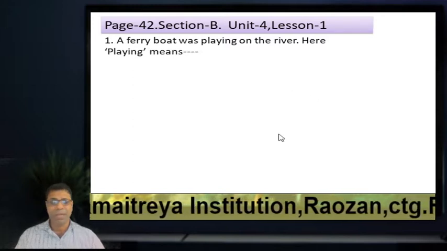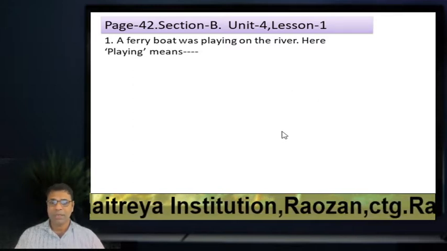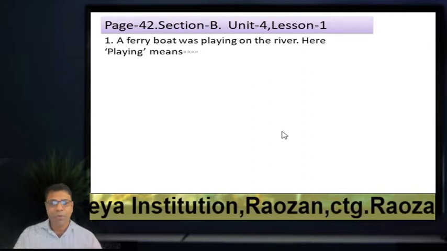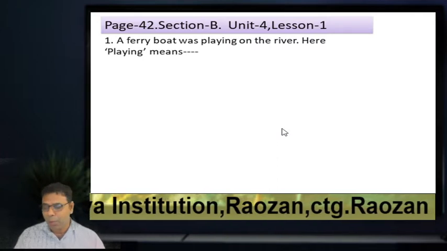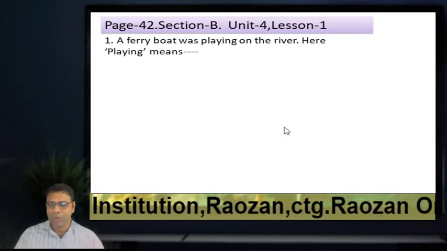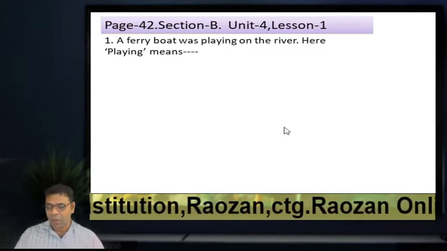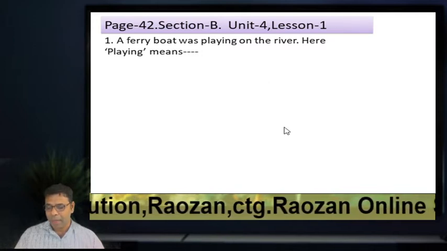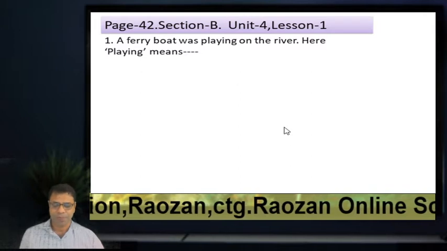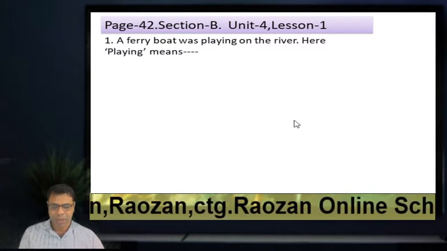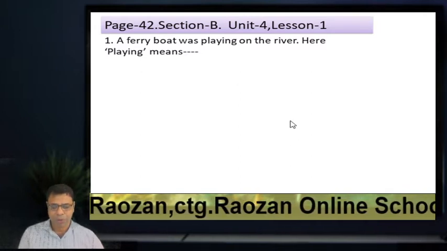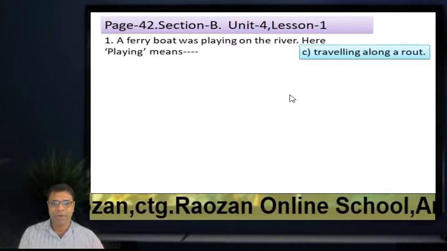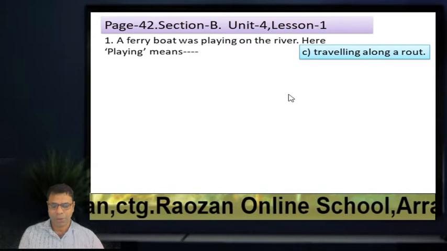Here, what is the meaning of plying? I am going to say the options. A. Plying with other boats. B. Sinking in rivers. C. Traveling along a route. D. Waiting for passengers. Which one? C. Traveling along a route.